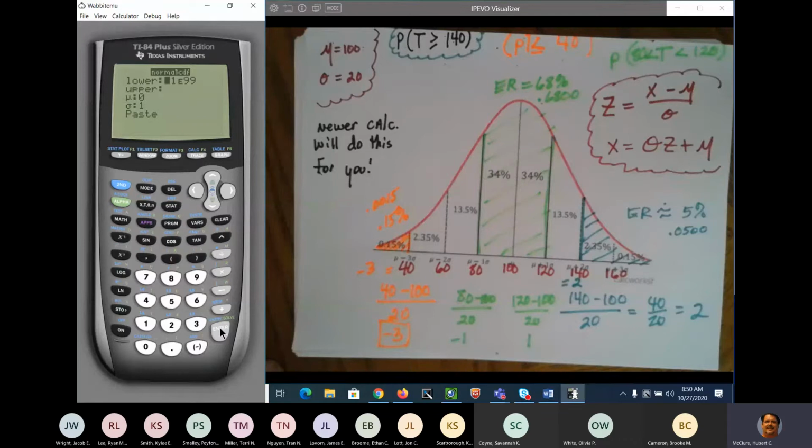And left to right, that would be a 2 to infinity, 9999, and paste. I said it was going to be around, what, 0.05? Let's see what it comes out to be.